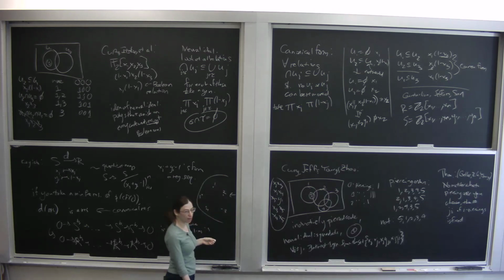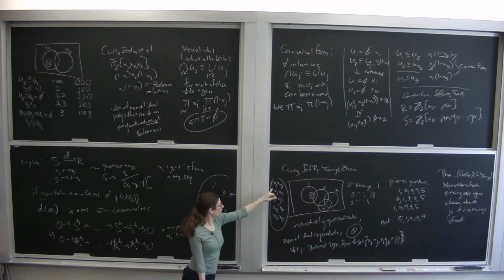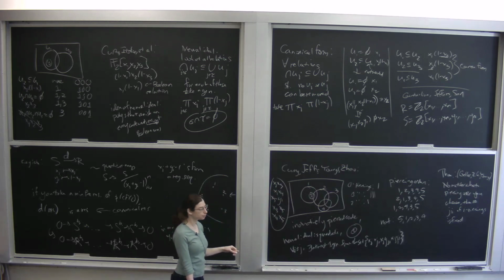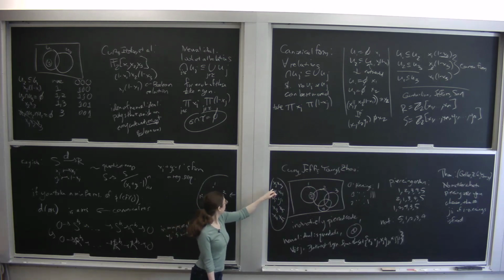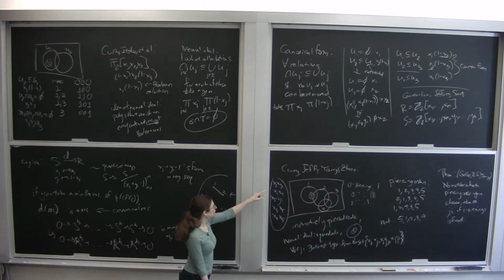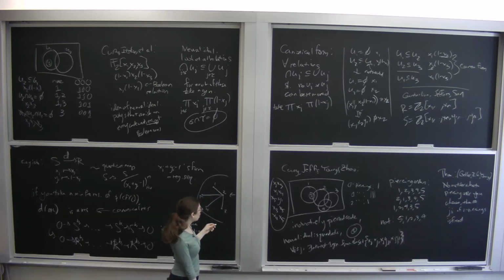We don't distinguish between xi and yi at all. And we draw a line segment between any 2 where that pair is not in the canonical form. So we draw 1, 2, not 1, 3, 1, 4, or 1, 5. 2 has to connect to everything. And then 3 and 4 should connect.